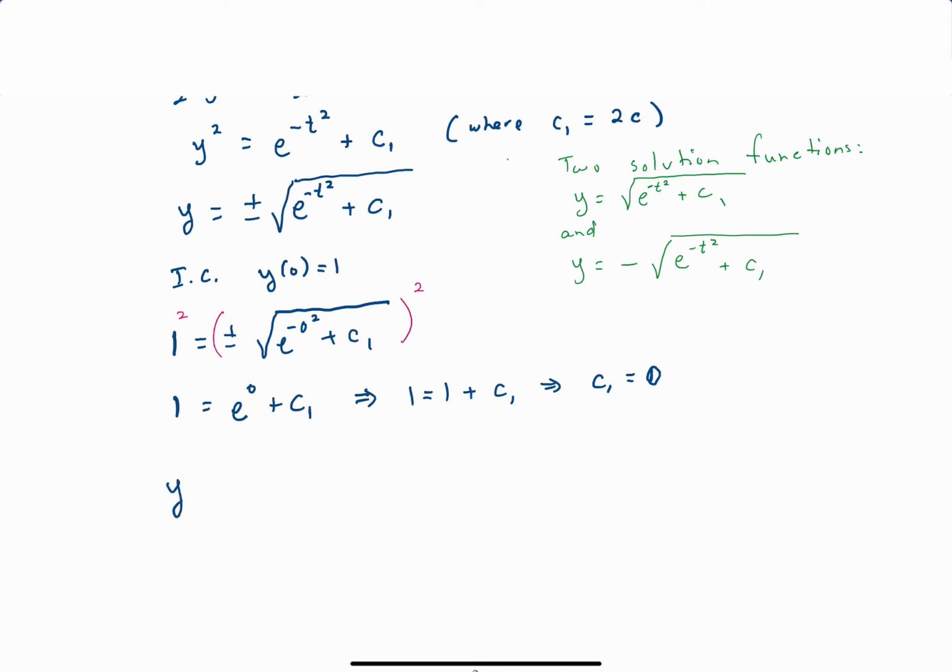So our solution is, I'm going to make this a question. Is this our solution for this initial value problem? In other words, is this the solution curve that would go through (0, 1)? Plus or minus the square root of e to the minus t squared. So is that what we want?